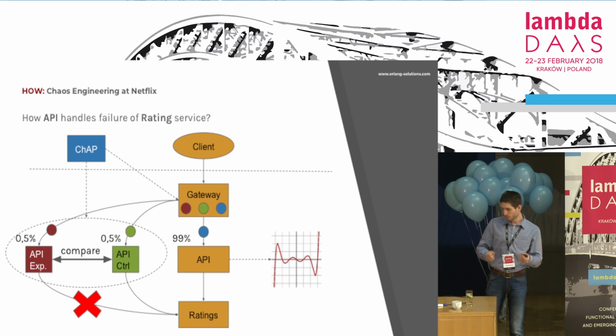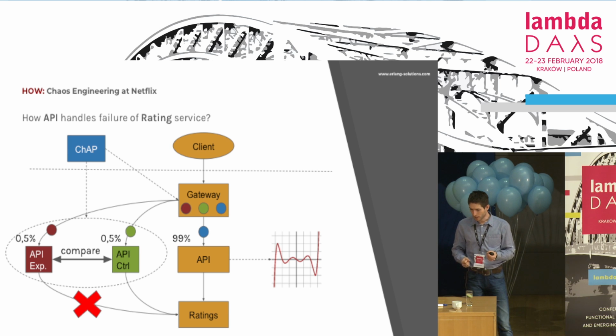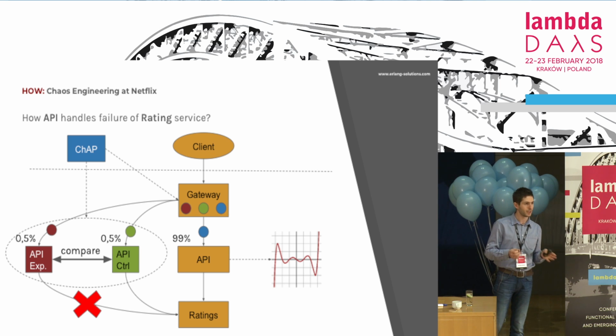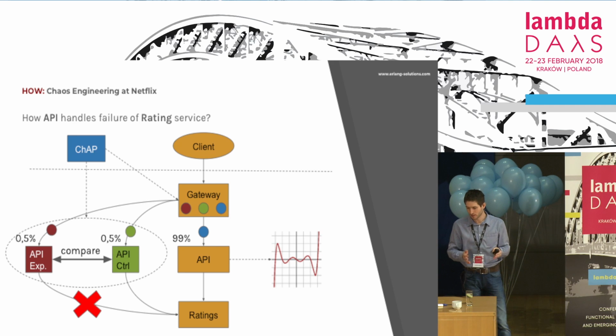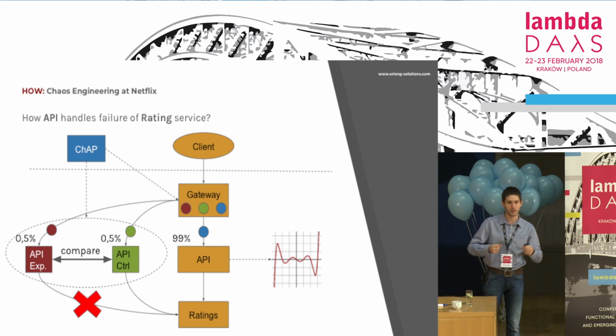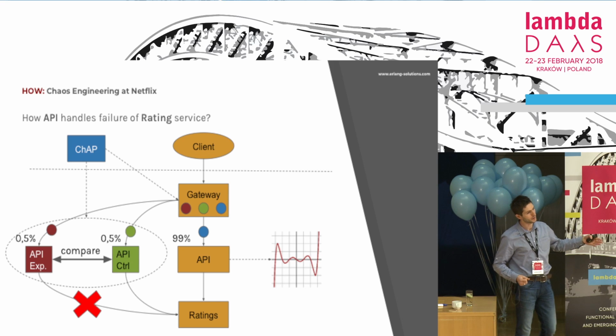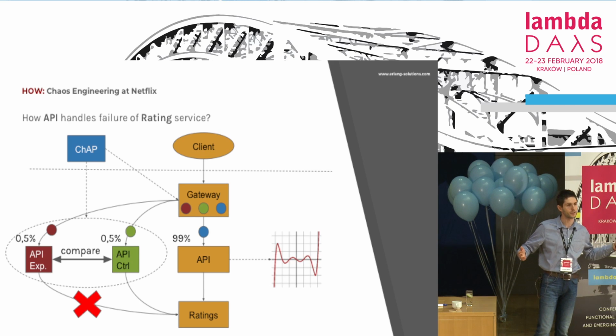And then what they would do, using the Chaos Automation Platform, the tool that they use to run chaos experiments, is spawn two additional API clusters, one for the experimental group and the other one for the control group.